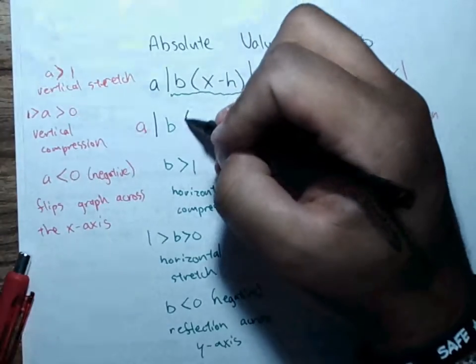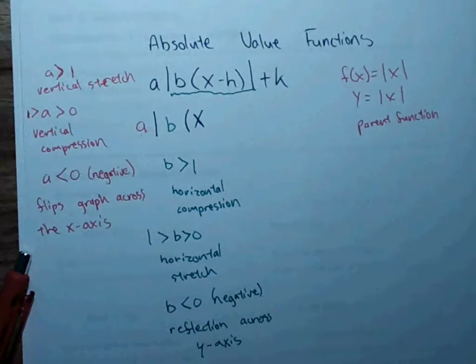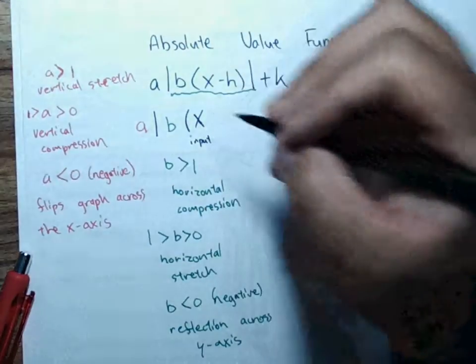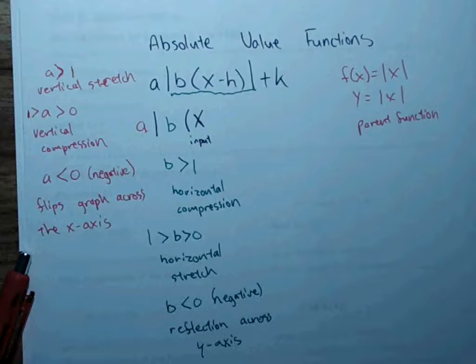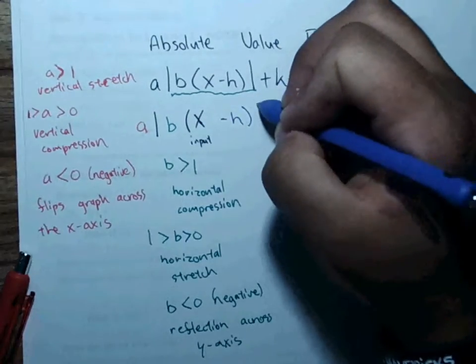So our next variable is x, that's just our input. For the sake of simplicity, I'm going to leave it as input, or your domain. That's the values that we're going to put in, and I'm going to move more to your h value. So it'll be minus h by default, inside the absolute value.